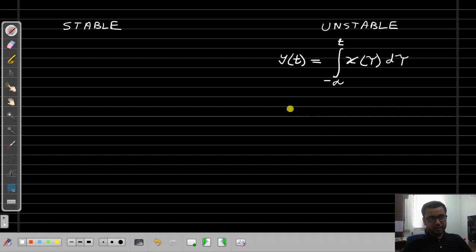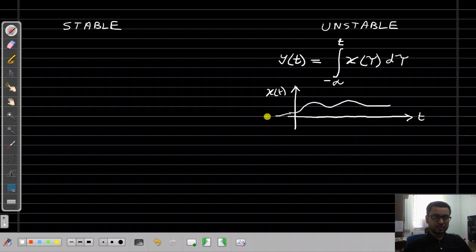If I draw the input as a function of time, x of t, that varies like this, then this integration from minus infinity to t is the same as the area under this curve starting from minus infinity up to some time, call it t.